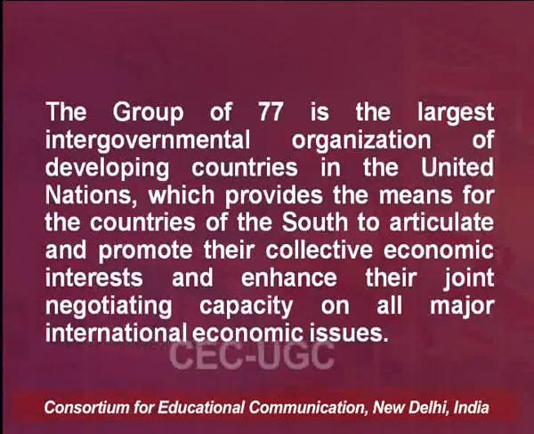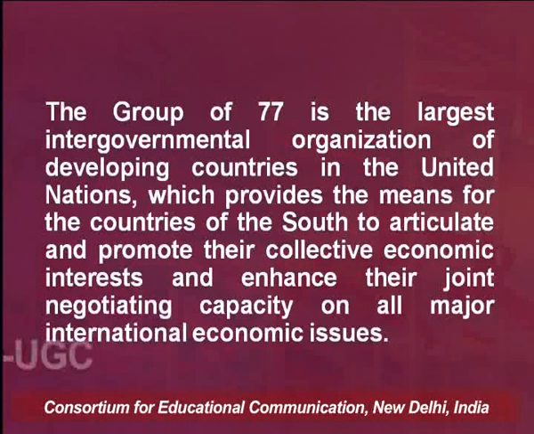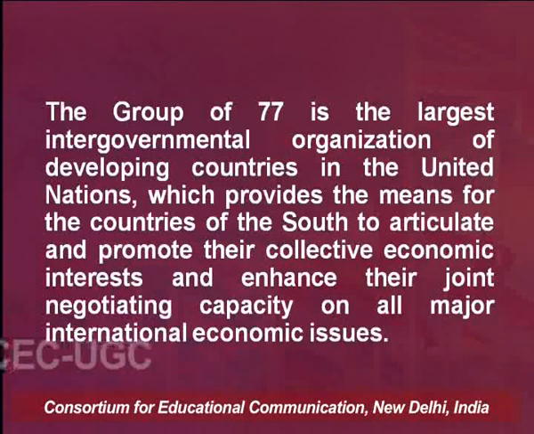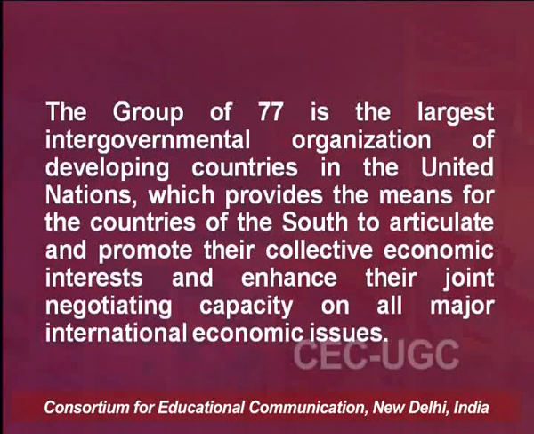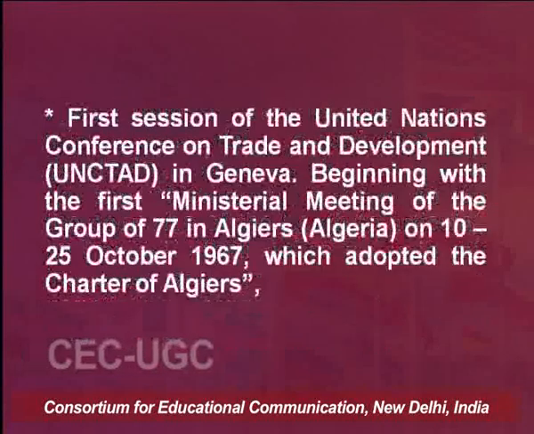The Group of 77 that we are analyzing is the largest intergovernmental organization of the developing countries in the United Nations. G77 provides the means for countries of the South to articulate and promote their collective economic interests, as we just saw, and also enhance their joint negotiating capacity on major international economic issues.